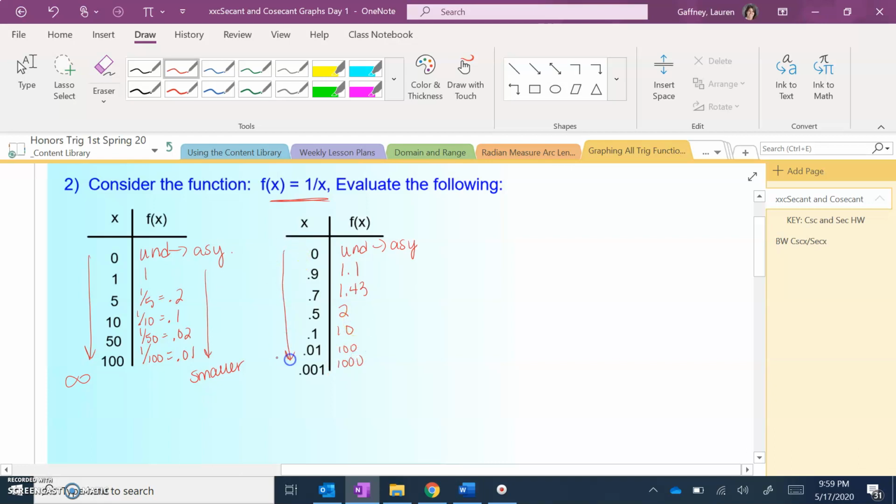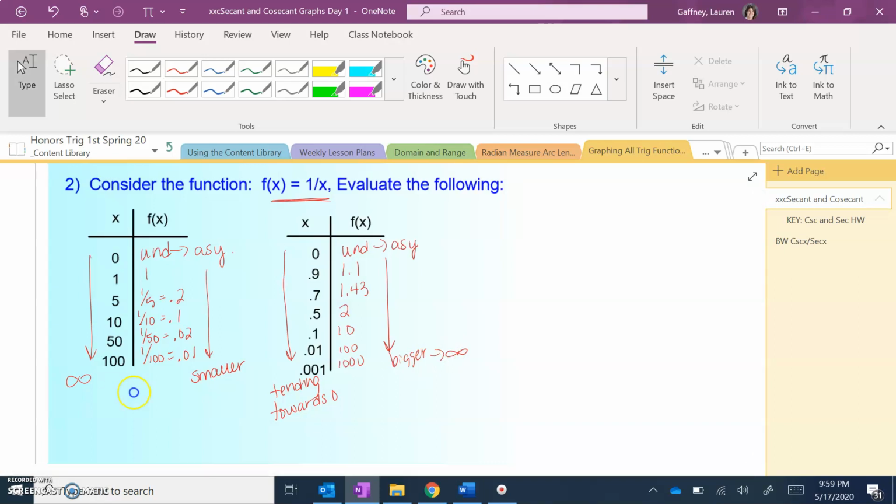So as these get smaller, as these are tending towards 0, these are getting bigger and tending towards infinity. Keep that idea in mind as we start to graph the secant and cosecant function.